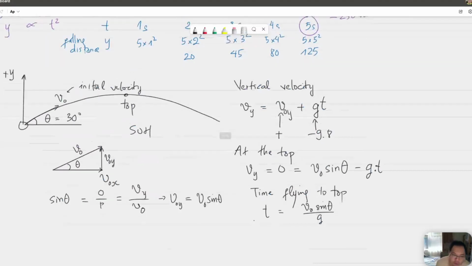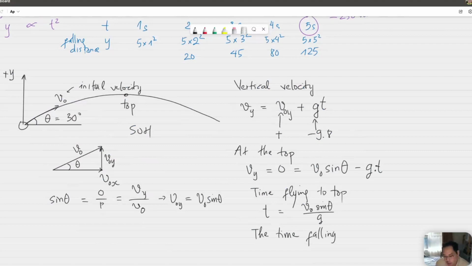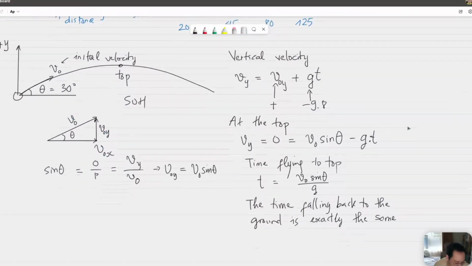The time it takes to fall back to the ground will be exactly equal to this time. Again, it is only the same when the air resistance is negligible, and we only consider that case. We do not study the case when air resistance is not negligible. That is for university level.